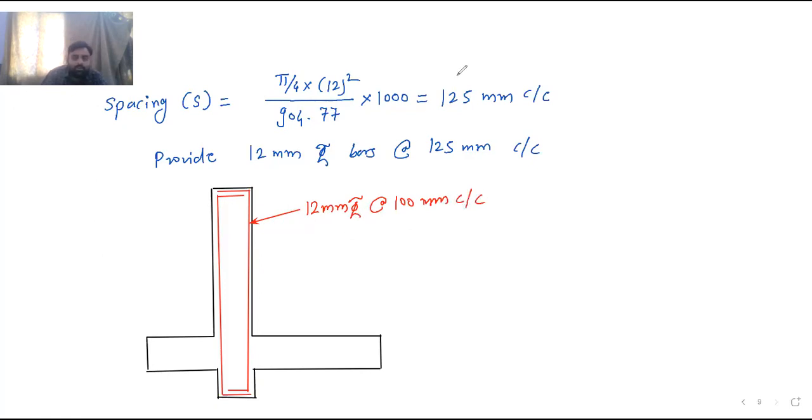Now we will give the distribution steel in the stem. So these are the distribution steel bars. Let me know in the chat what distribution steel we have provided for the stem. Let me know the value.